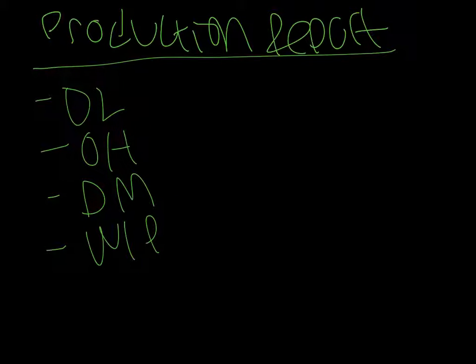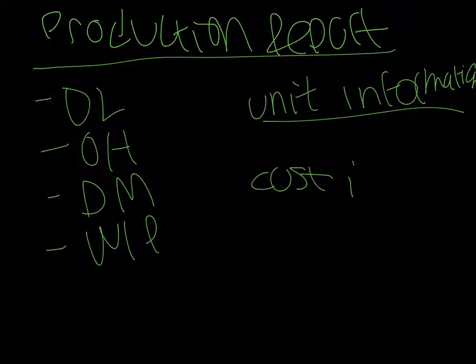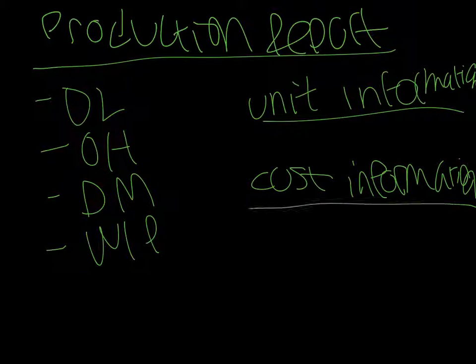Notably, it's usually divided into two sections: the unit information section, which lists the units to account for and the units accounted for, and the cost information section. It has the costs to account for and the costs accounted for.